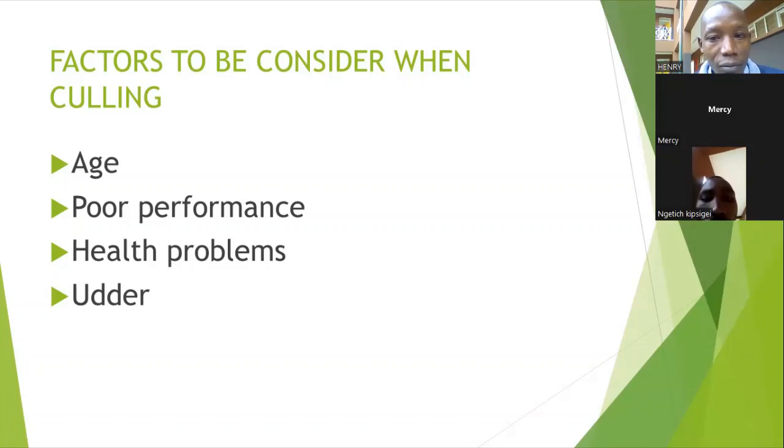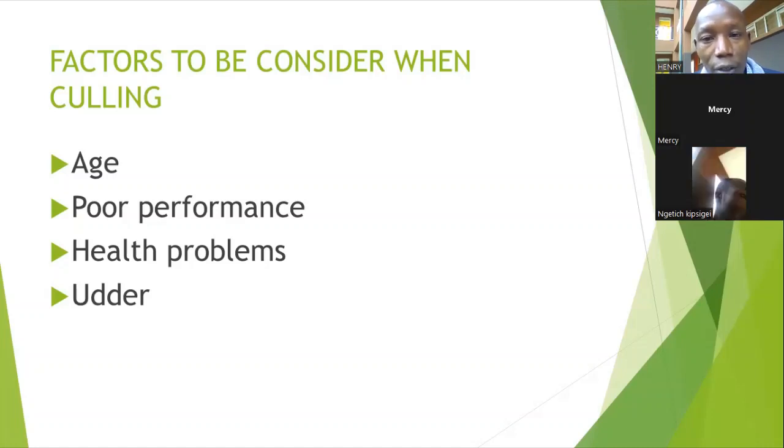Yes, the age of the animal. Let me explain. When the animal is very old, you can consider culling it so that you may not encounter losses, since it can die anytime, leading to losses.